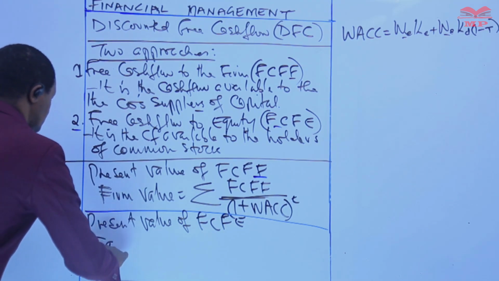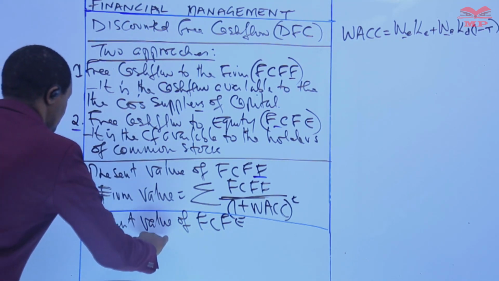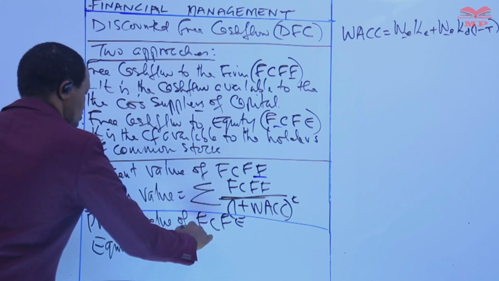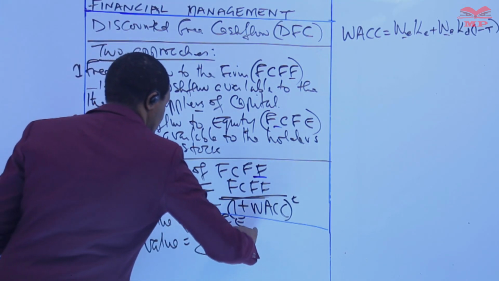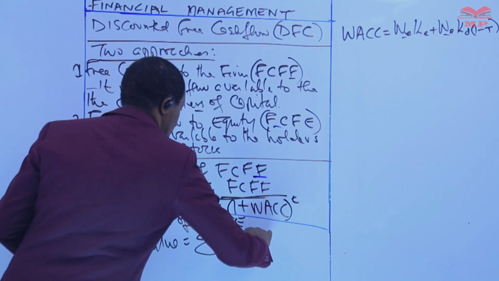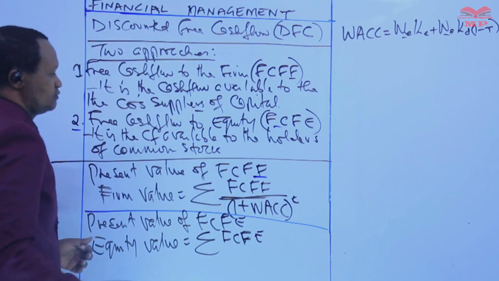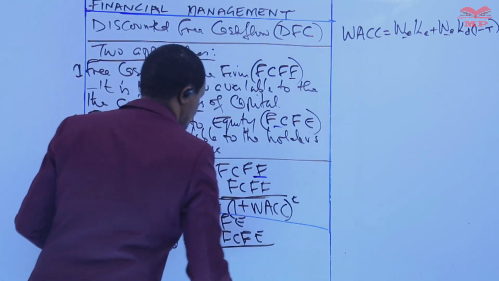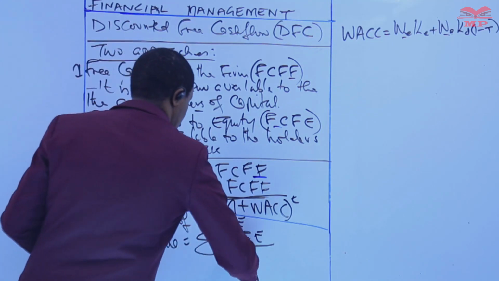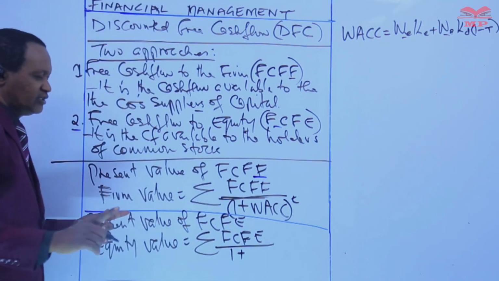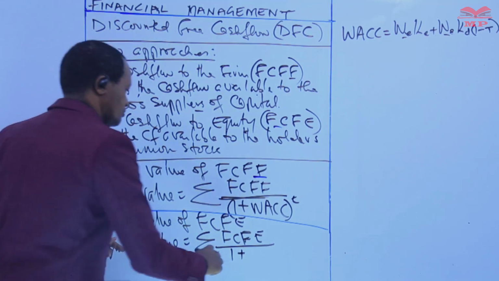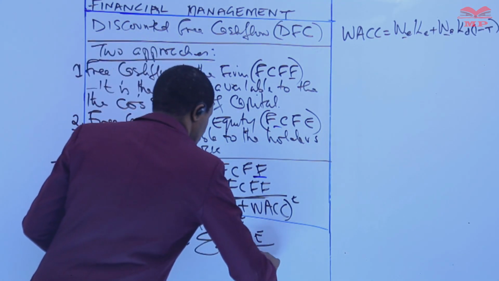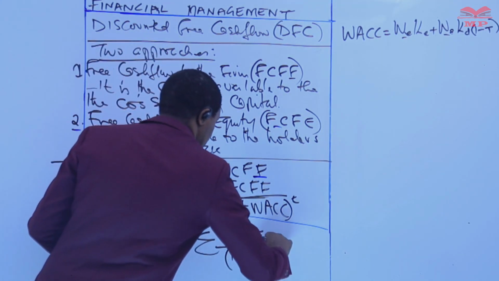Equity value will be equal to the summation of the future cash flow to equity. We divide by 1 plus cost of equity raised to t or n. By dividing, candidates, we are discounting.